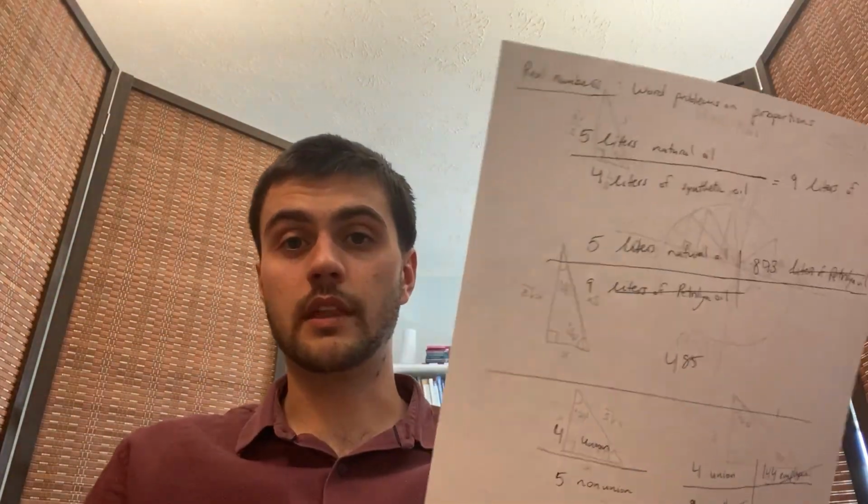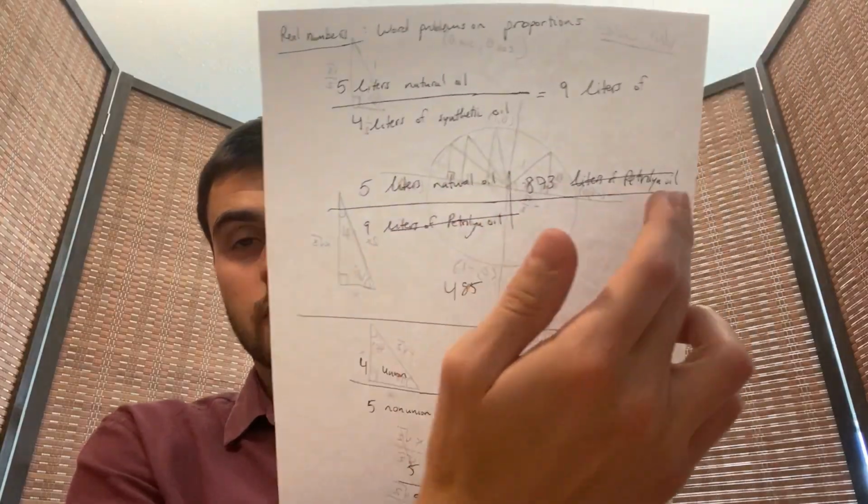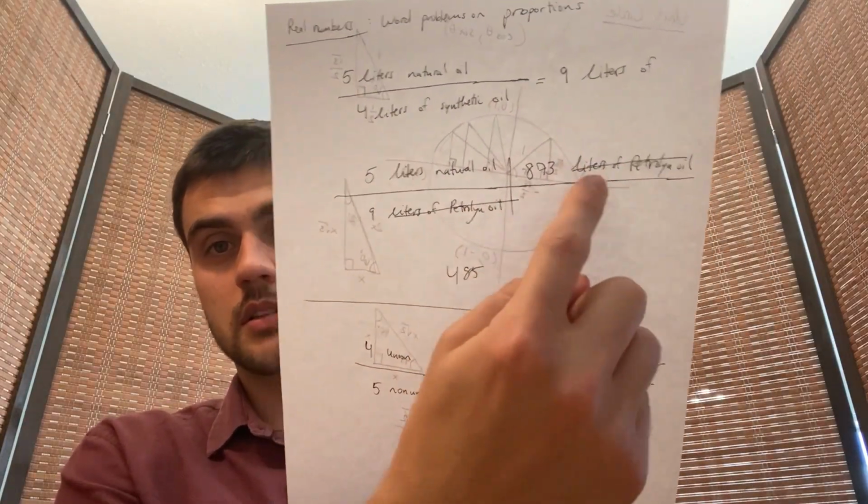I was trying to do part-to-part relationships, but what I really need to do is, if it says there's 5 parts to 8 parts, and we need to find out how many of the A for a total of 100, or how many of the B. If it's for A, we'll say there's 5 parts of A over 13 total pieces, and then the railroad method for unit conversion, and then the 100 parts goes over here.